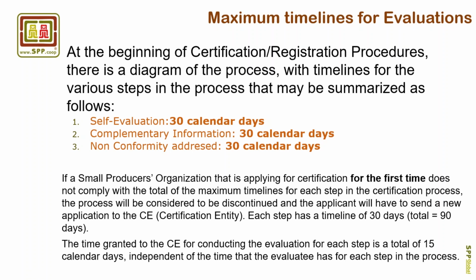And finally, when the evaluator receives the complementary information, they have another 15 days maximum. These are maximum timelines to review the complementary information, and finally they would have to issue an evaluation report or a non-compliance report in case there are non-conformities.